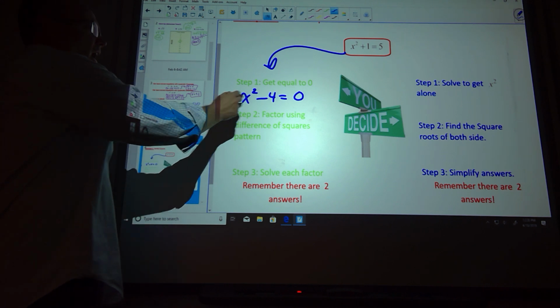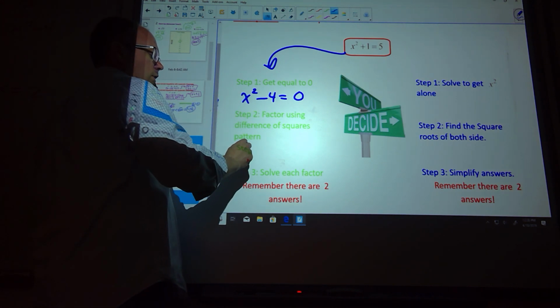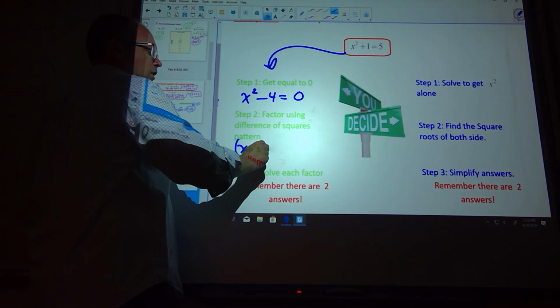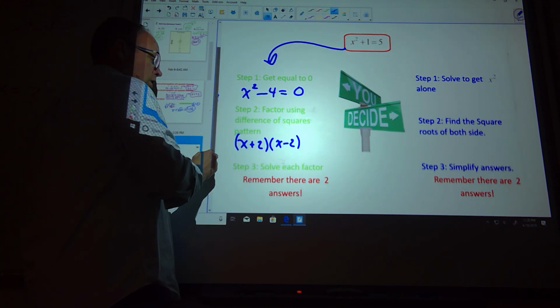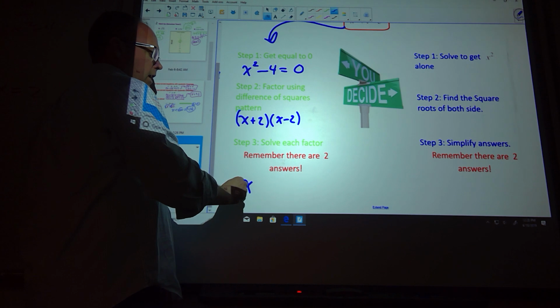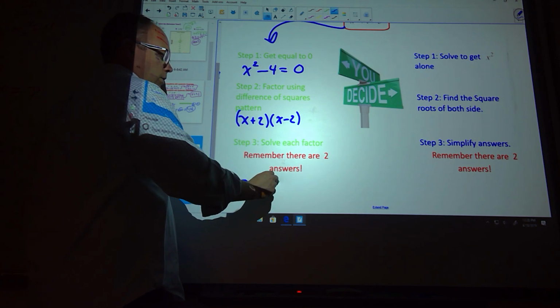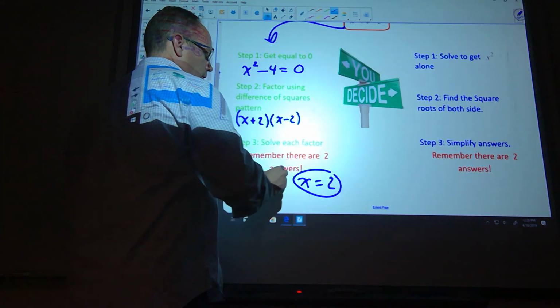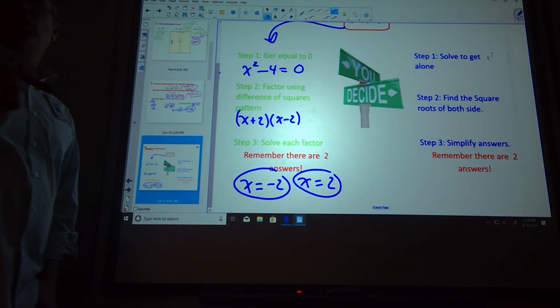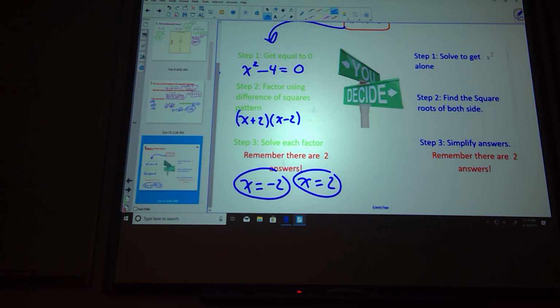And then this factors, because this is the difference of 2 squares, so I get x plus 2 and x minus 2. And then solve each equal to 0, so I get x equals negative 2 and x equals positive 2. So that's why I get 2 answers. You know, the plus or minus I had on the last one, I get a positive component and a negative component. So that's the first way I could solve this problem.